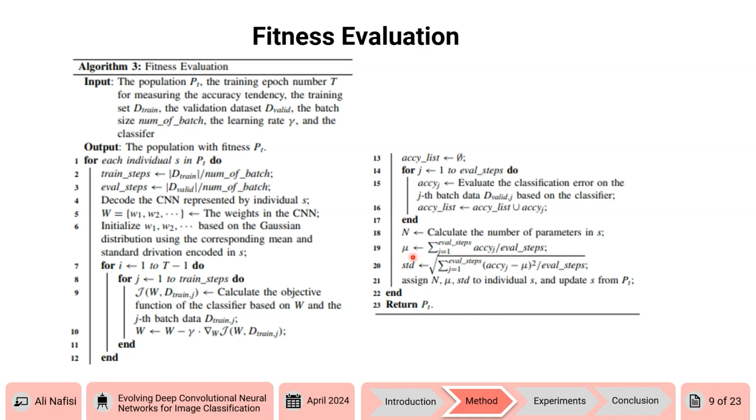We had many accuracies here because we were evaluating on each batch separately, and because we have not only one accuracy, we can compute the mu and the standard deviation from that. And we return those 3 values, so n, mu, and std, which stands for the standard deviation.